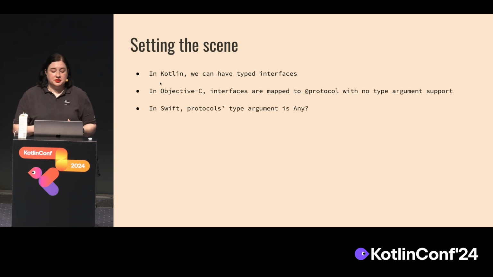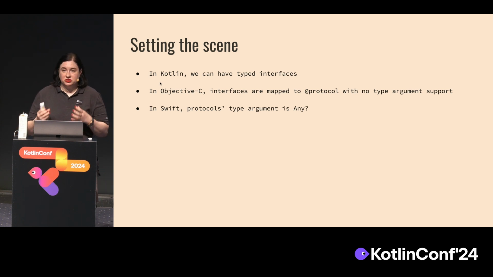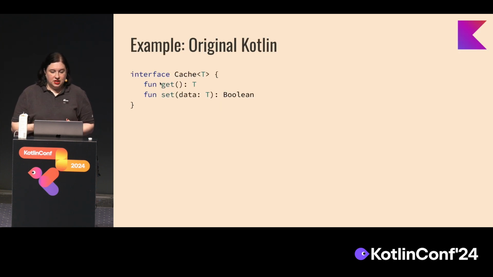In Swift, protocols do have type arguments, but because of this Objective-C bridge, this type argument has now become optional Any. So this is not ideal, because our Kotlin type argument is lost, and we lose all our type safety. So let's have a look at an example.